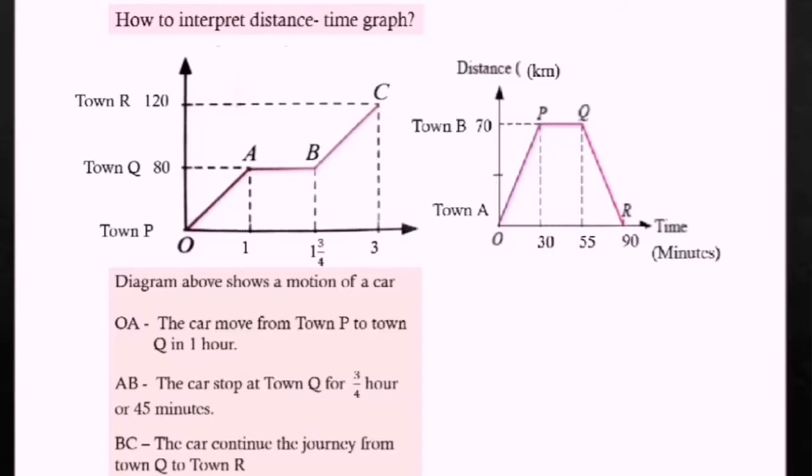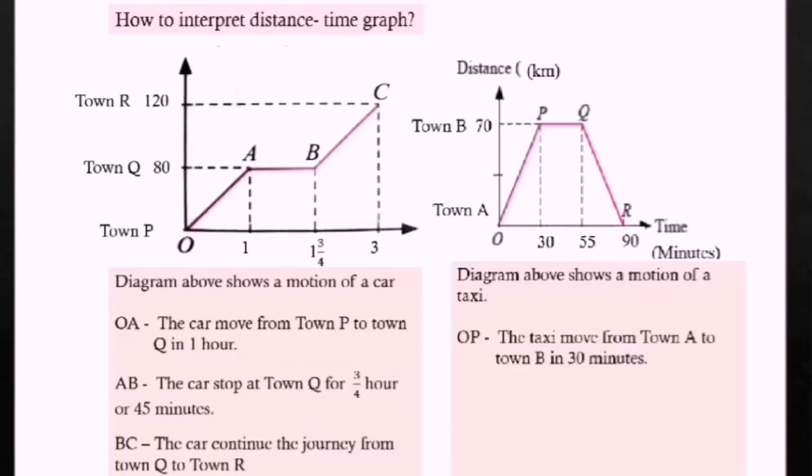Okay, so we look at diagram 2 here. Diagram above shows a motion of a taxi. The taxi moved from town A to town B in 30 minutes. Line PQ.